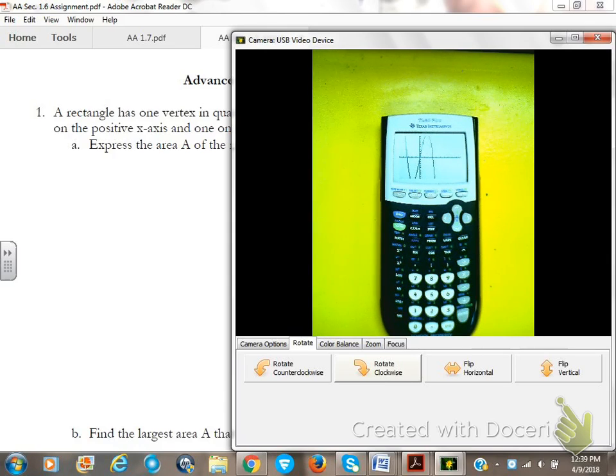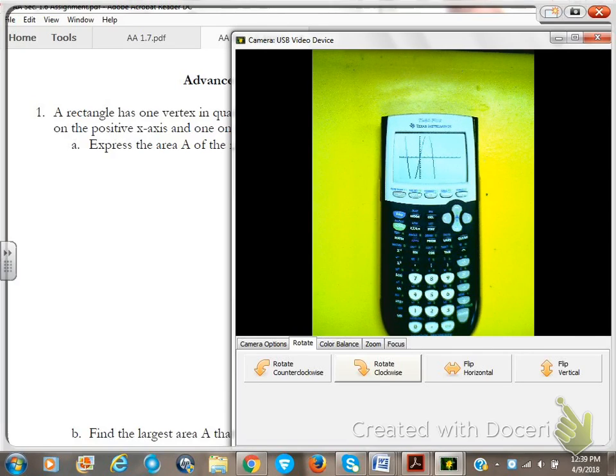Since we're looking for a maximum, I can see a maximum is happening up here. Right there. I'm going to change my window just a little bit so I can see that high. I'm going to go up to 20. And then I'll let my calculator do the work for me.